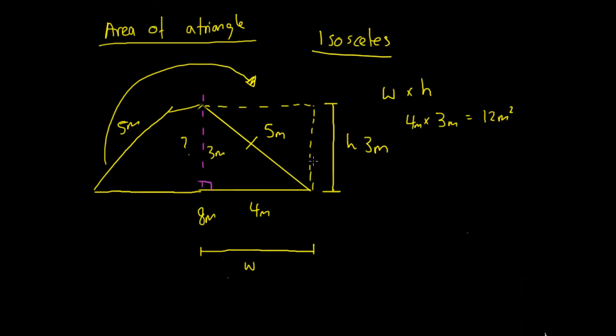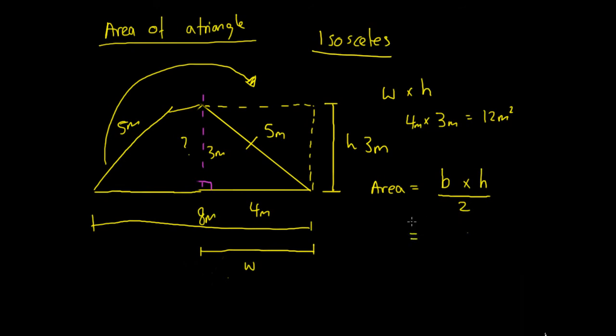Because of this nice property, we can create a formula which says that the area of a triangle is equal to the base times the height, where the base is the width of the entire base, and then we divide it by 2.